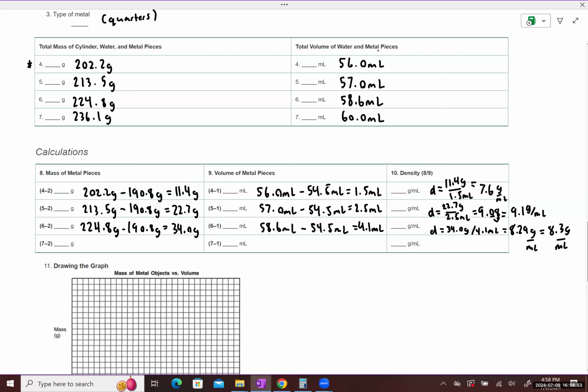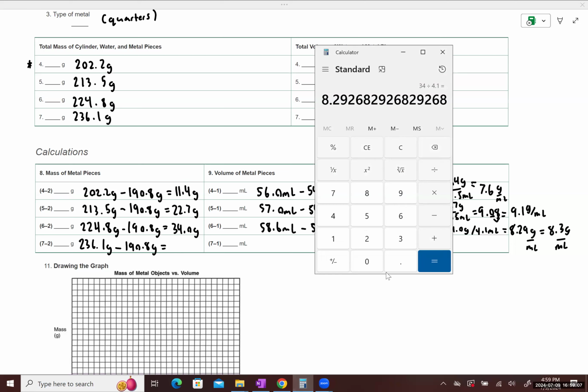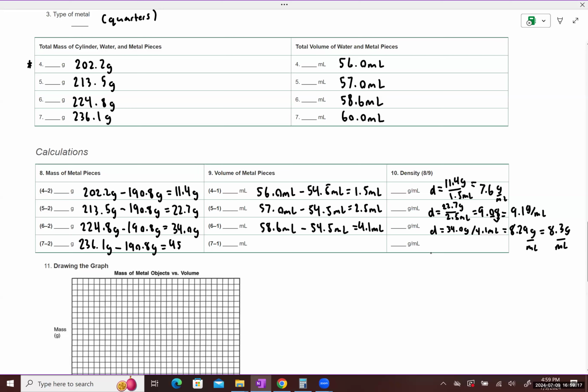Okay, one more calculation to do and then we're done. We have 236.1 grams minus 190.8 grams. So we're determining the total mass of metal pieces. We have 236.1 minus 190.8, and that in turn gives us 45.3 grams.